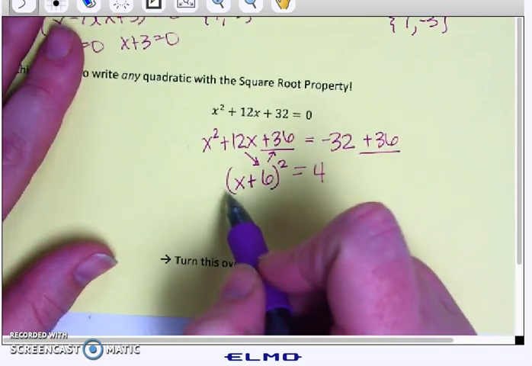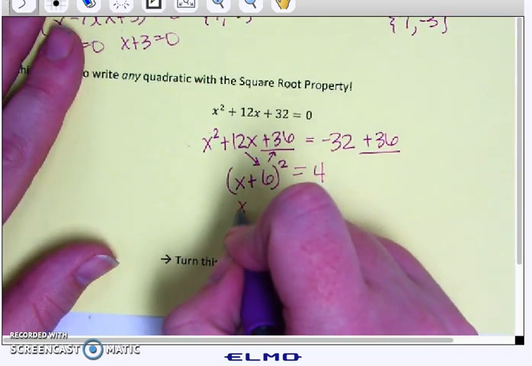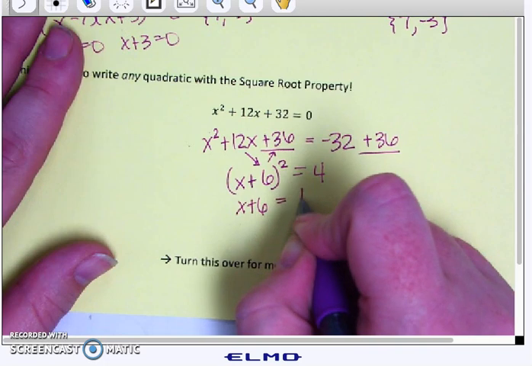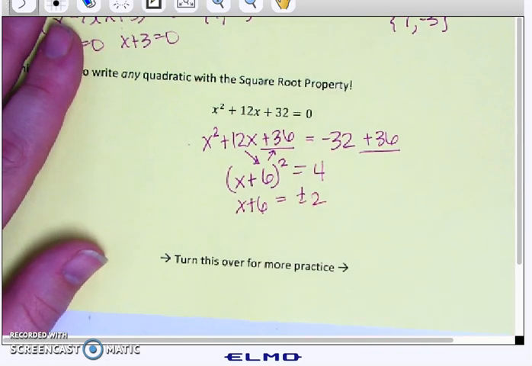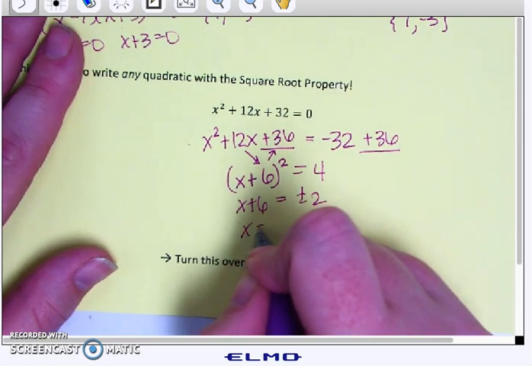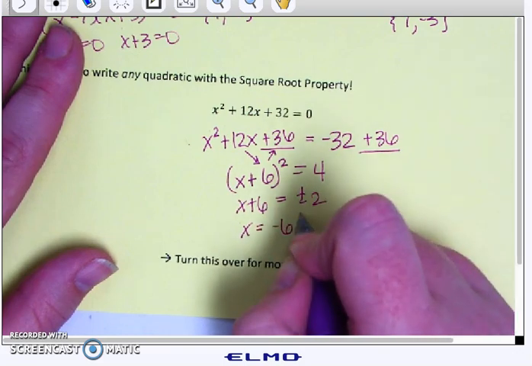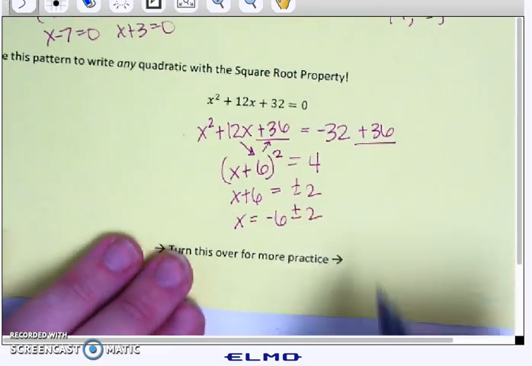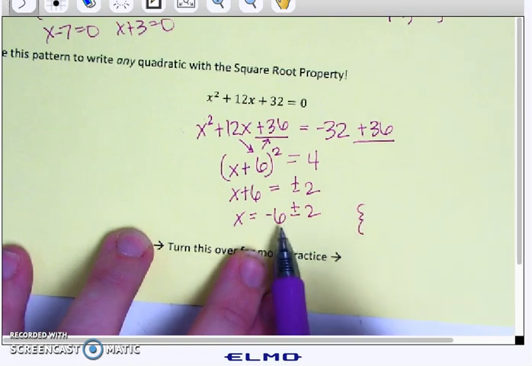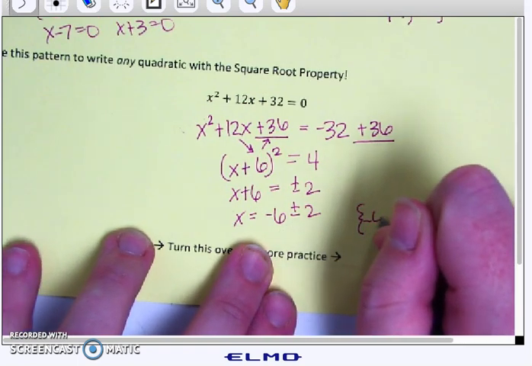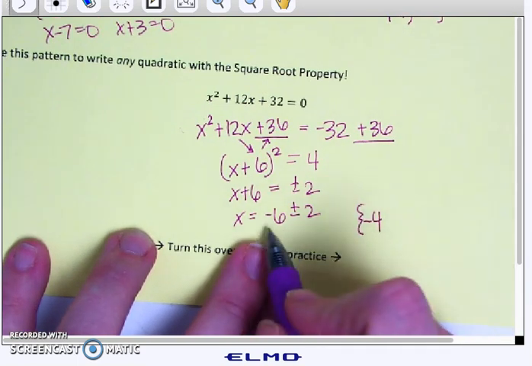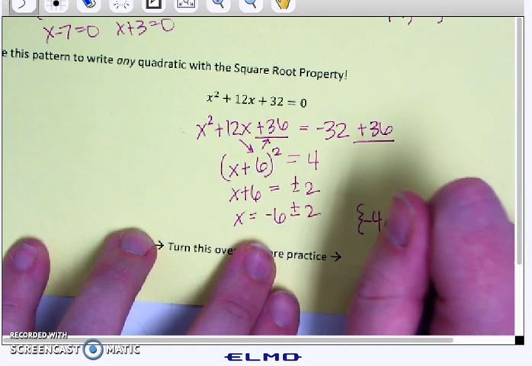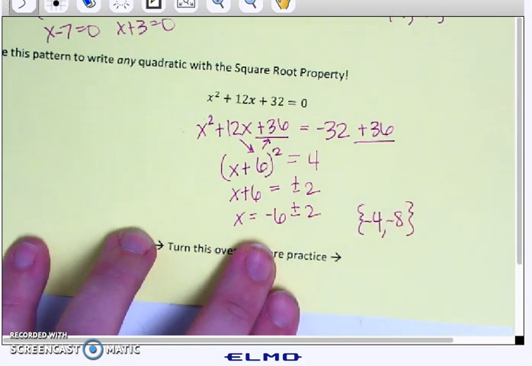From here, it's really easy: we just square root both sides. So x plus 6 equals plus or minus 2. Then subtract 6, so we have x equals negative 6 plus or minus 2. So our solutions are negative 6 plus 2, which is negative 4, and negative 6 minus 2, negative 8.